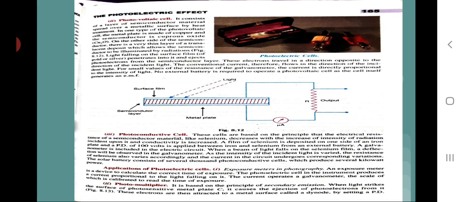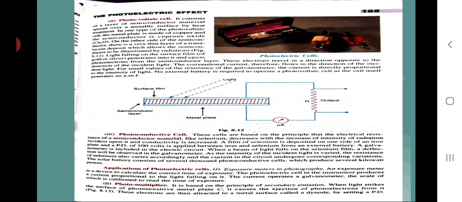A potential difference of 100 volts is applied, and the conductivity is increased by radiation incident upon it. A film of selenium is deposited on one side of the iron plate and a potential of 100 volts is applied between iron and selenium from an external battery.